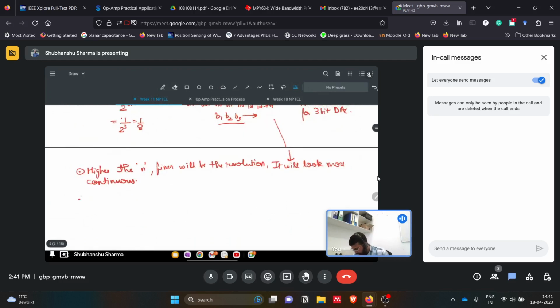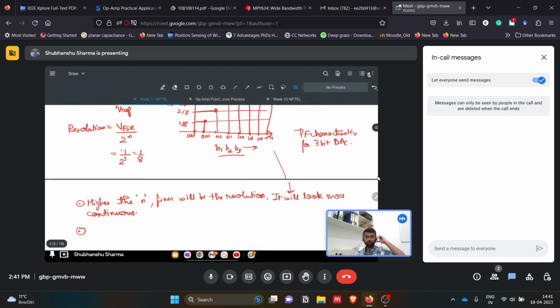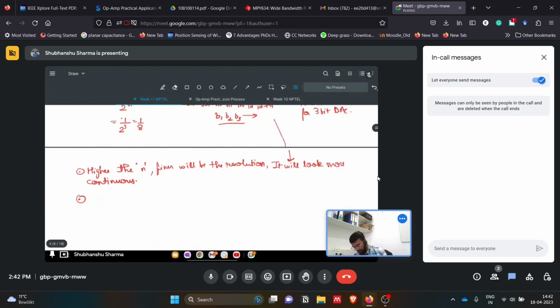One thing. Second, now the question will arise in our mind: we can keep on increasing the n value, get as good a resolution as we want, and get a fully continuous wave. But it is not completely correct, because we have DACs with 6, 8, 10, 12, and 14 bits.